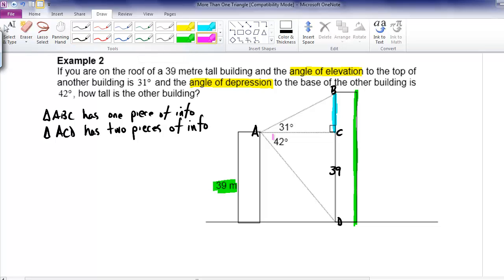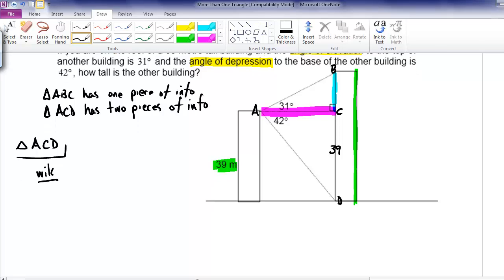And hopefully what you came up with is we need to figure out that piece of information there. Given that we have two pieces of information on the bottom triangle, we should be able to go ahead and do that. So again, we're going to look at triangle ACD. And we're going to try to figure out how long that magenta line is.